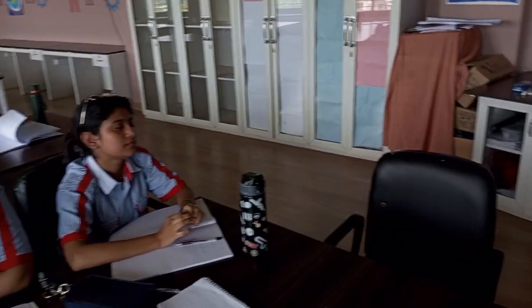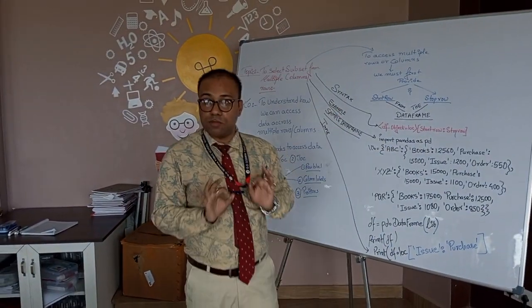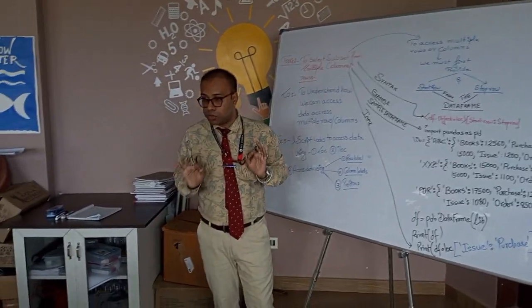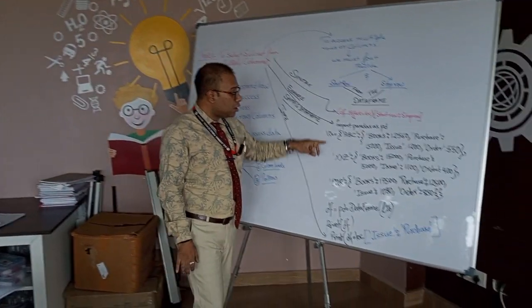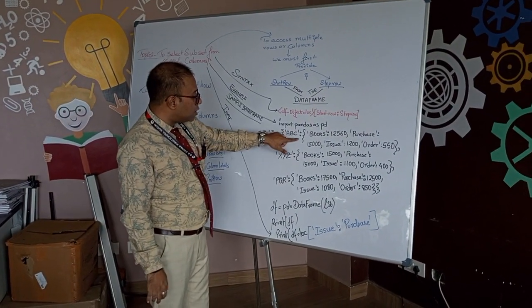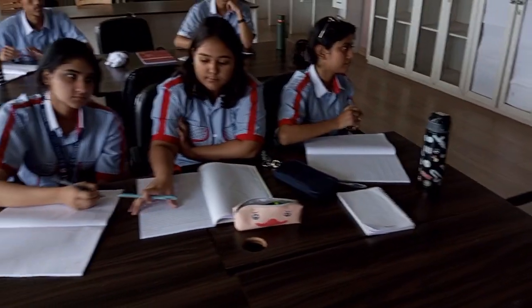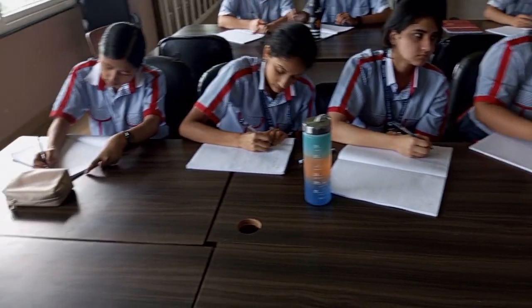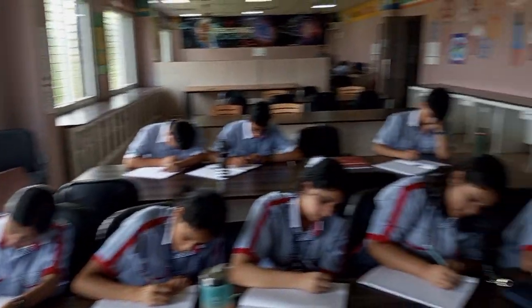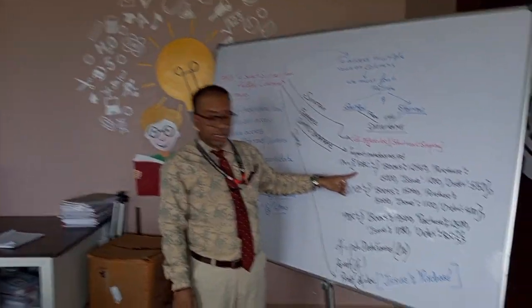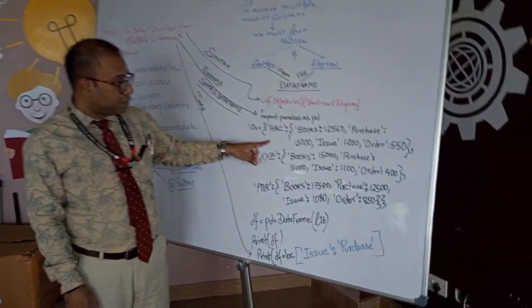So, nested dictionary, my dear students. A nested dictionary is made up of multiple dictionaries, we understand that. So, here, in this regard, the first key will act as the column label. Please note it down. The first key of a nested dictionary will act as column label.